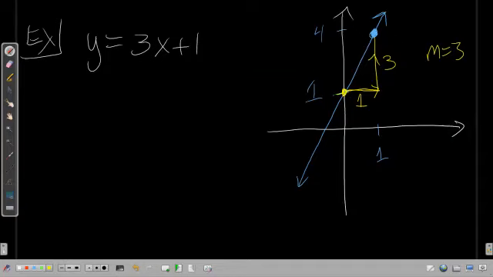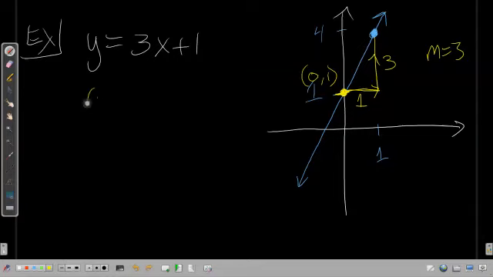And since it crosses the y-axis right here at the point 0, 1, that's exactly what this line describes.